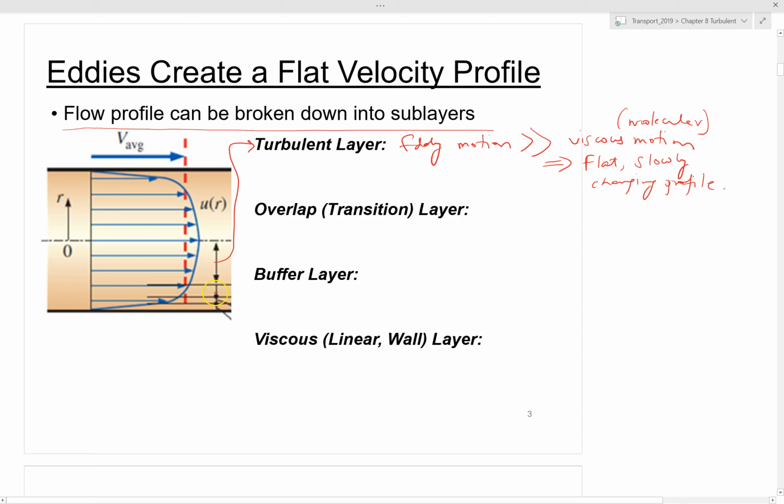Next, you have what we call an overlap layer or a transition layer, where the turbulent effects are significant but not as dominant. And this is pretty much a logarithmic profile.